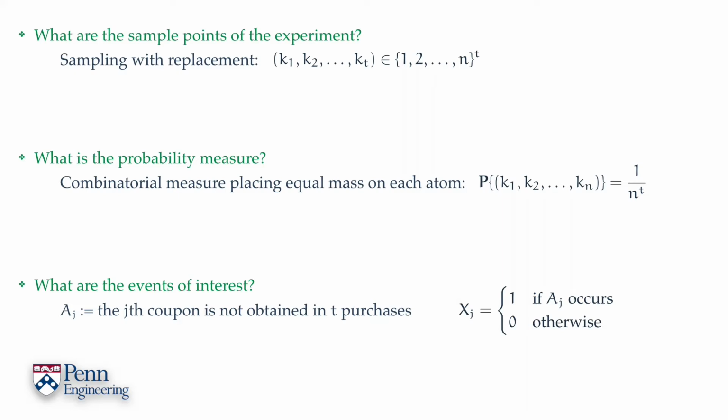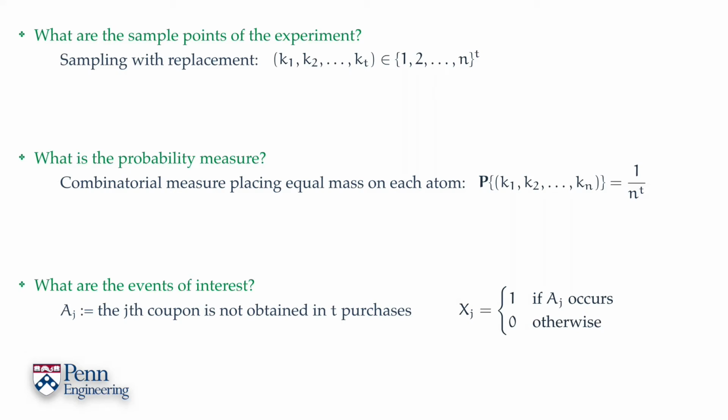Now, with these basic events, what are the general events of interest to us? Well, the first event is that in T purchases, I am lucky enough to get every one of the coupons, the playbills that I'm hoping to collect. The event that I get coupon 1 is A1 complement.